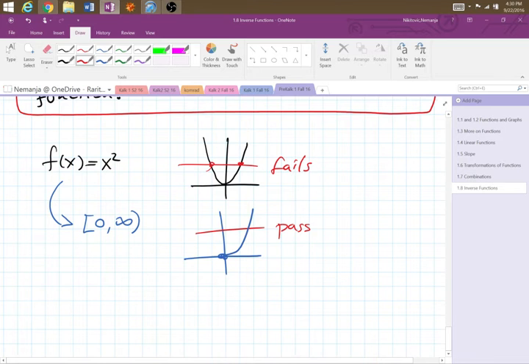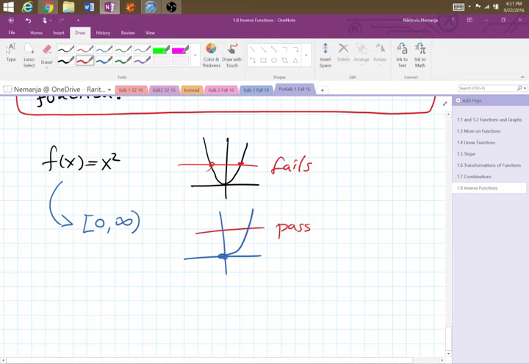I don't know if this sounds too picky to you, but guys, this is the bare minimum of what you absolutely have to know in order to continue down the line with math. So to recap, you start with the function. You can graph that function immediately. If it passes the horizontal line test, that function will have an inverse function.